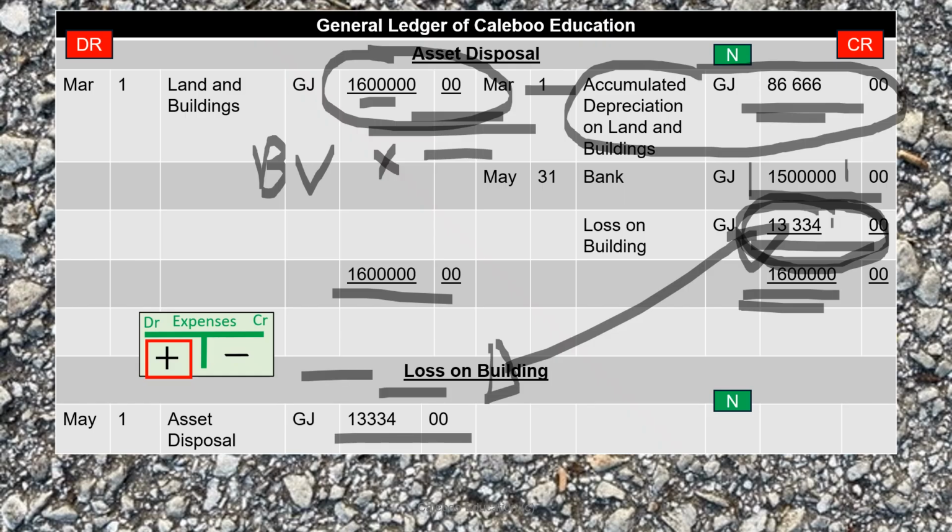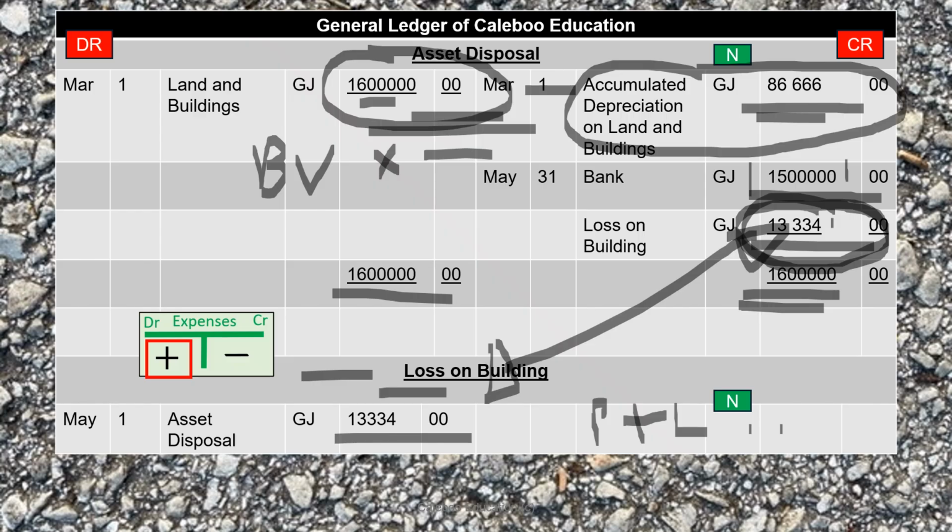This whole event resulted on our records a loss of 13,334, and the loss is an expense, and later on you will see that would have been closed off to an account called profit and loss. So there we go.